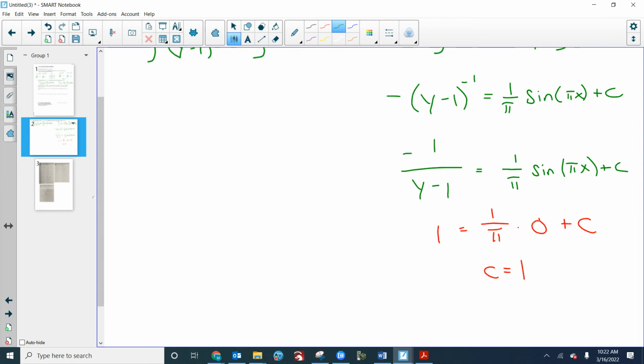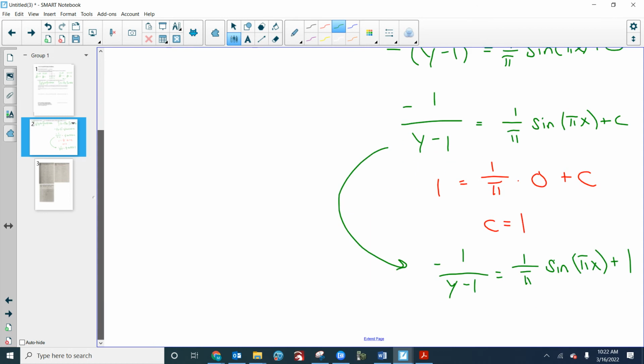Back to the story. y minus 1 equals 1 over pi sine of pi x plus 1. Guys got it?